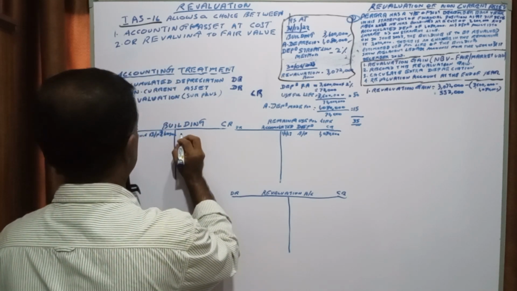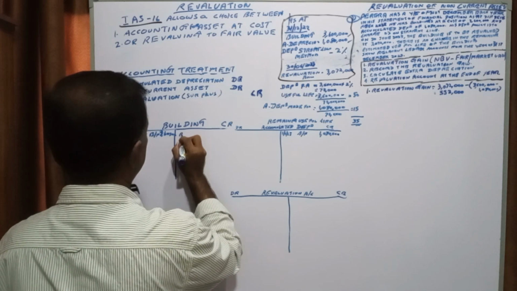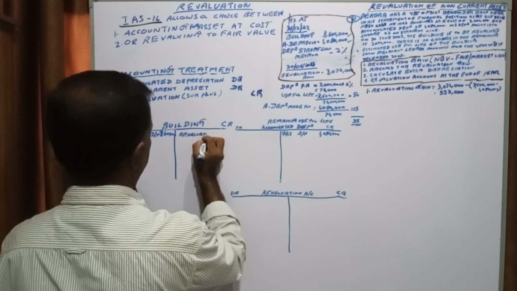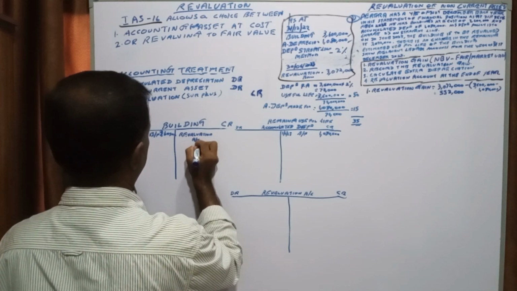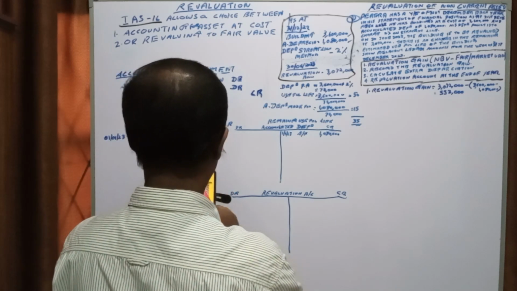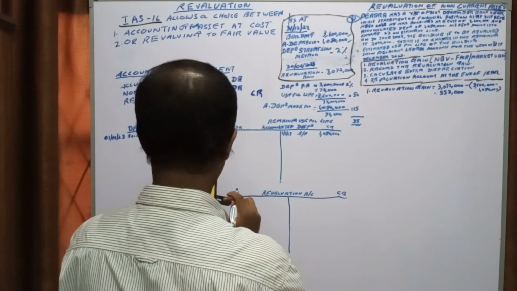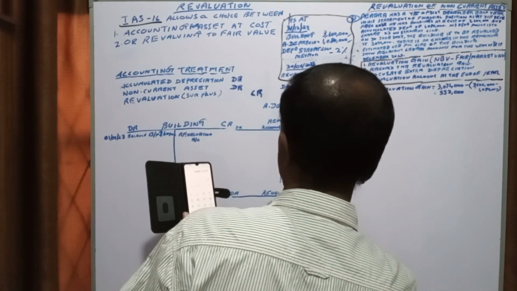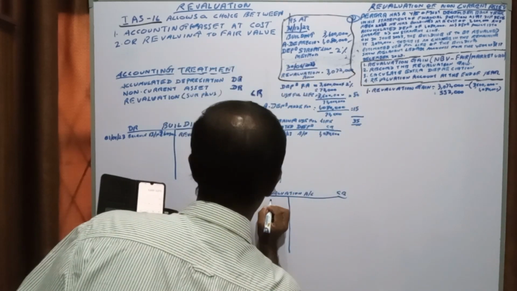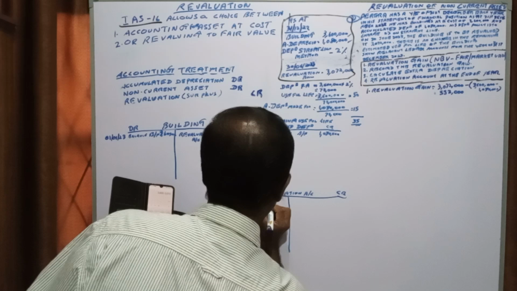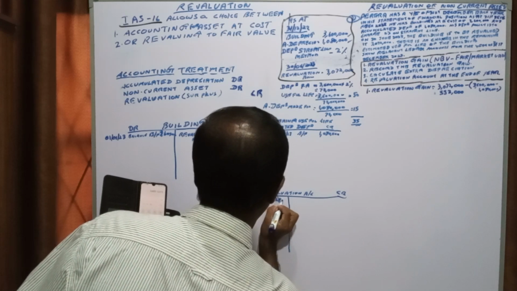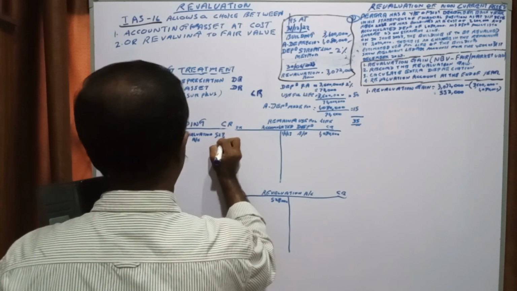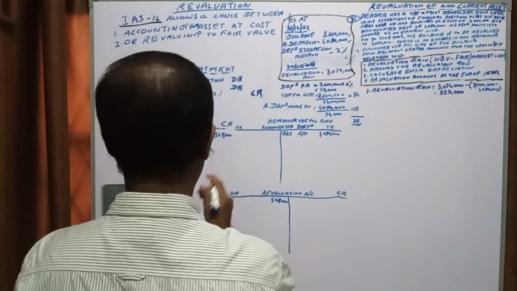So here we will say revaluation account 528,000.